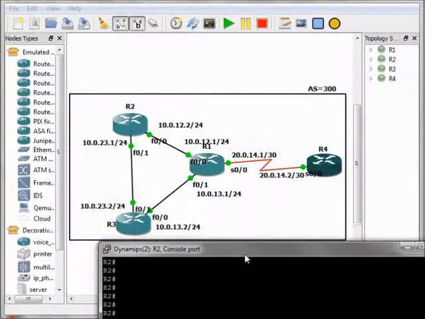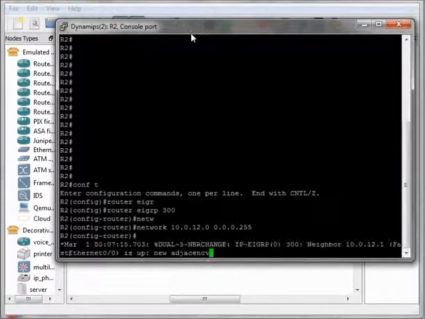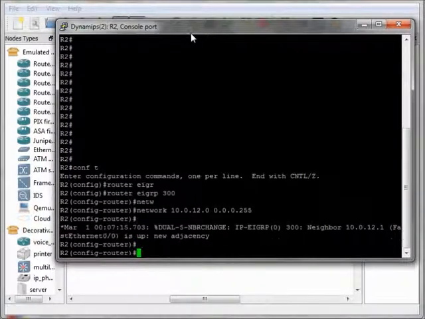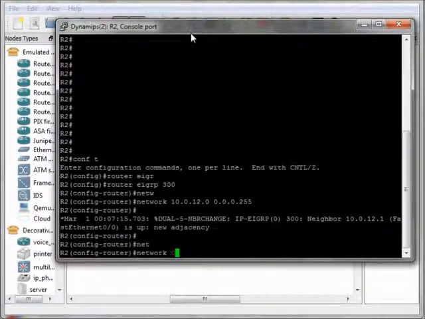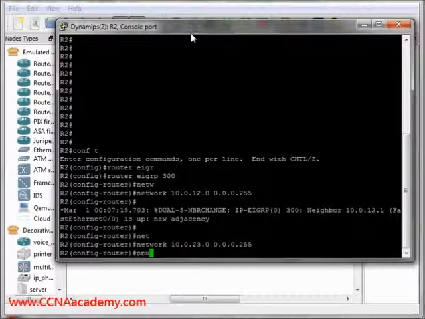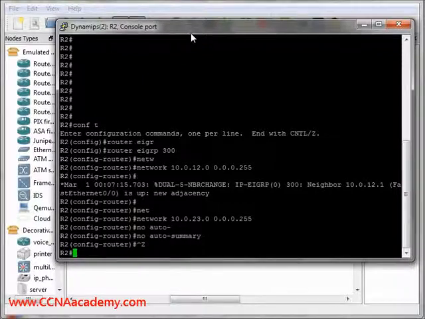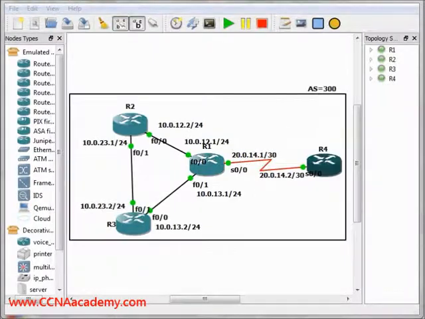Second network is 10.0.23.0, 0.0.0.255. Then no auto summary. Okay, router 2 is finished.